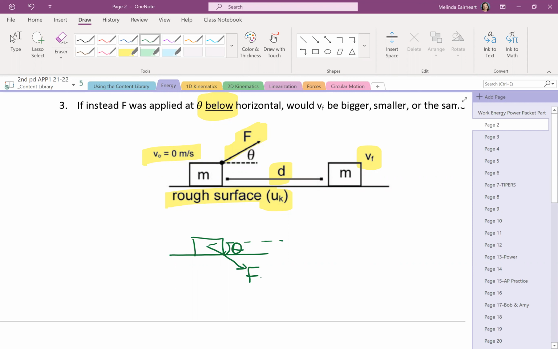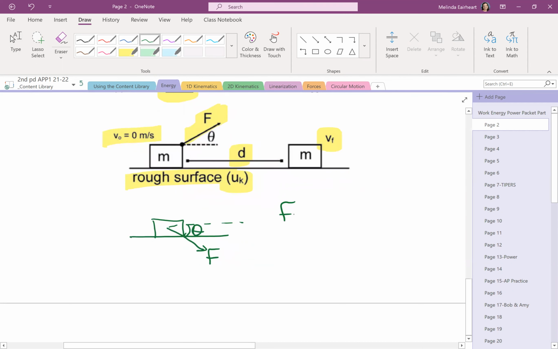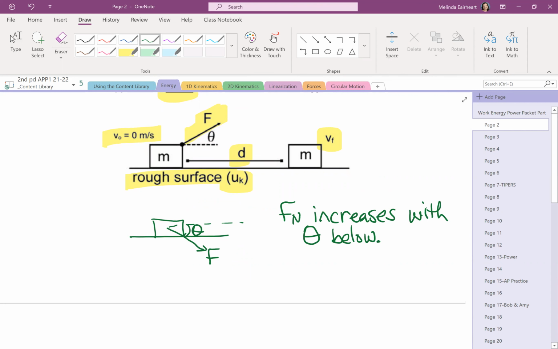What did we say increases when you push down on an object? Normal force increases with an angle below. Well, is the answer so what? Same speed? Well, if normal force increases, think about it. That means it's pushing into the ground more and more. What else is going to increase because of the normal force increasing?